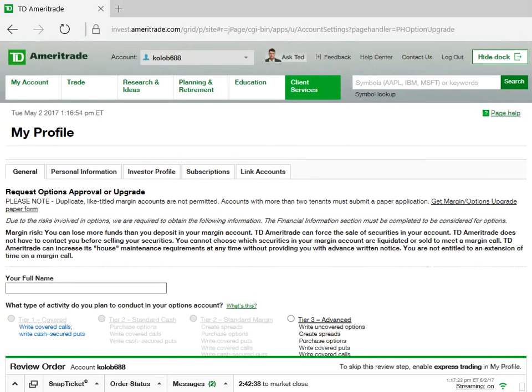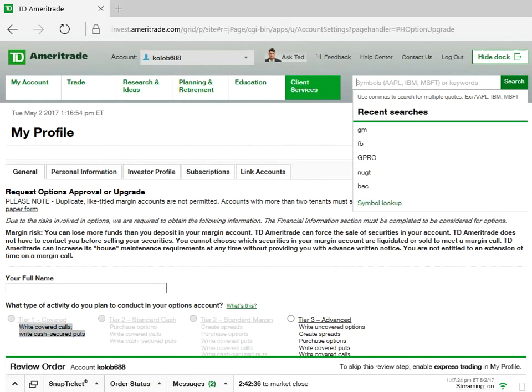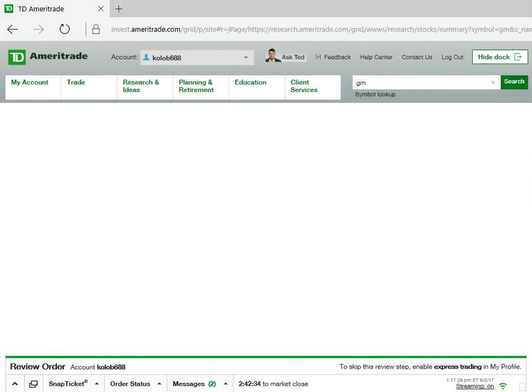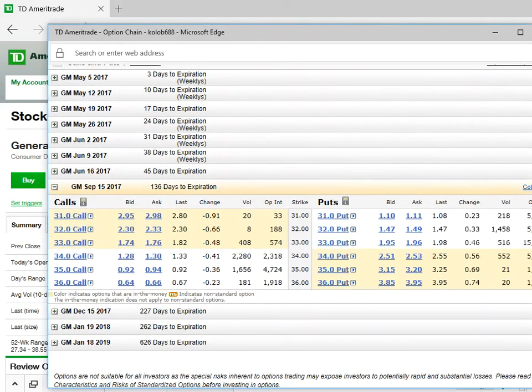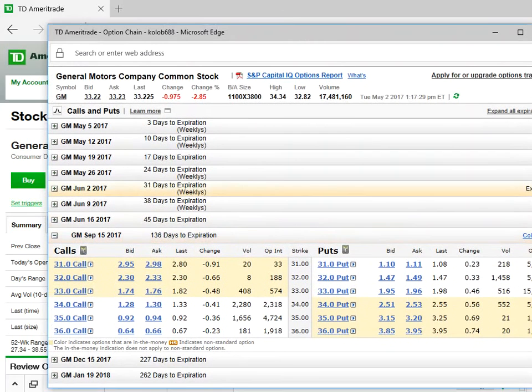Okay, so back to General Motors here, and back to the option chain, which is the place where you go option shopping. Now, you like General Motors, but instead of buying 100 shares, what you're going to do is take the money that you would have spent on the 100 shares and just let it sit there in your account.